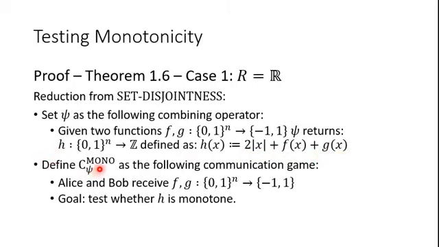We'll define the following communication game, C mono with psi, to be the communication game where Alice and Bob receive f and g, f for Alice, g for Bob, from {0,1}^n to {-1,1}. The goal is to test whether h that we just defined is monotone.